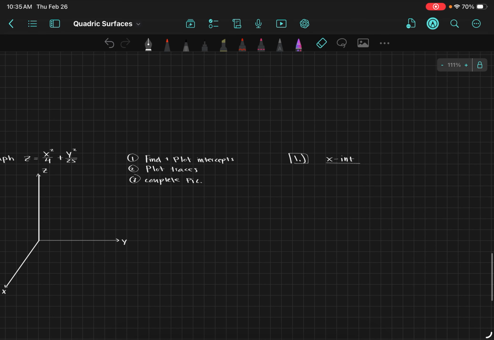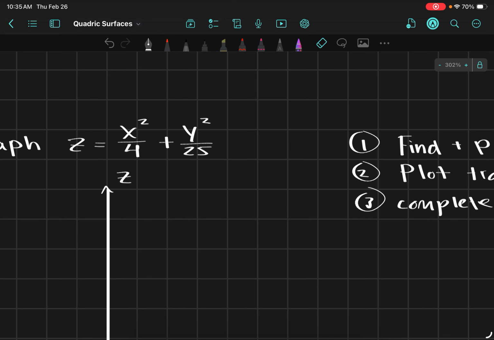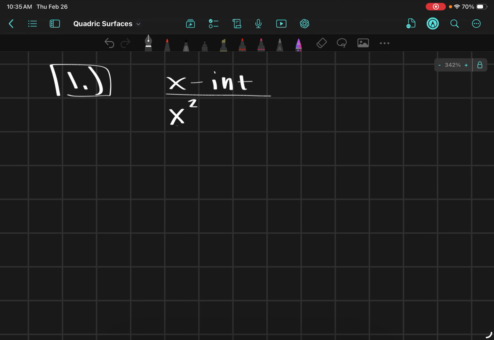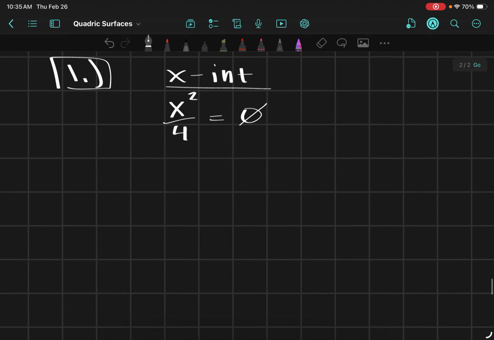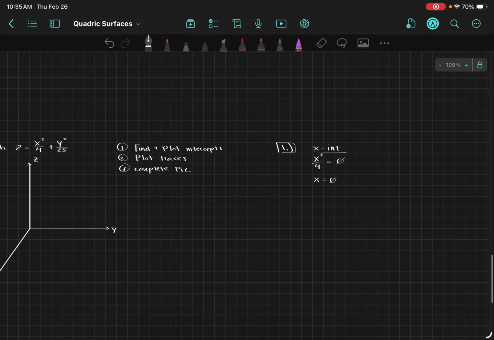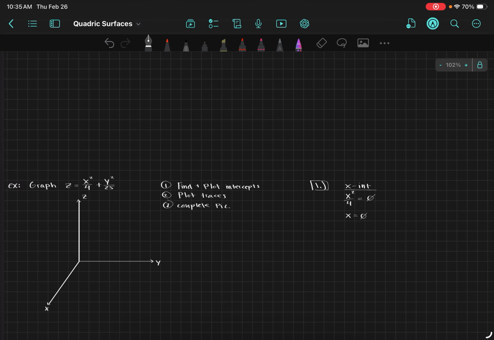Our x-intercept is when our z and our y are equal to 0, meaning we have the new equation of x squared over 4 is equal to 0, meaning what? The only solution for this is x is equal to 0. And you may notice a trend here, but let's just do it.